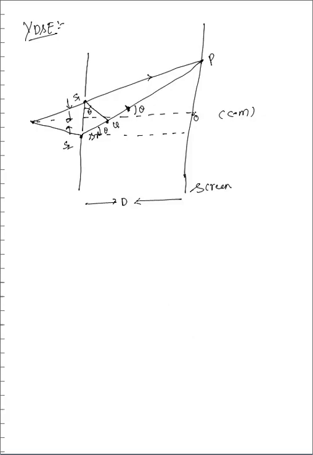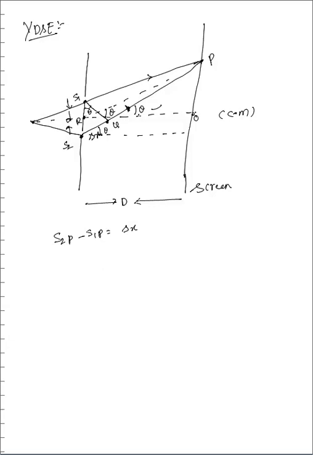This point I am naming R. I am sending one line here also, from R to P. If this angle is theta, this angle can be taken as theta, the corresponding angle. Now we need to check the path difference. Path difference means S2P total distance minus S1P total distance, which we can write as delta x.